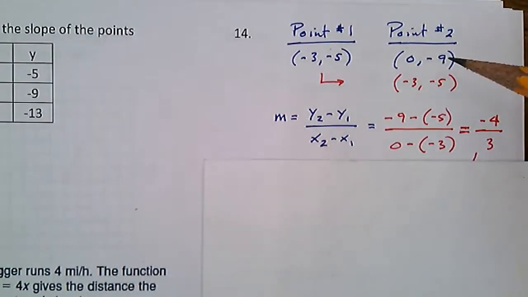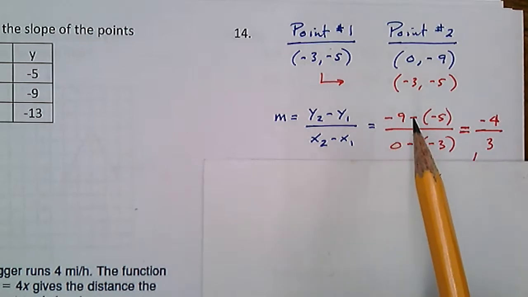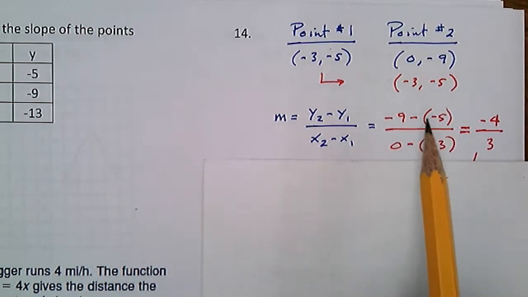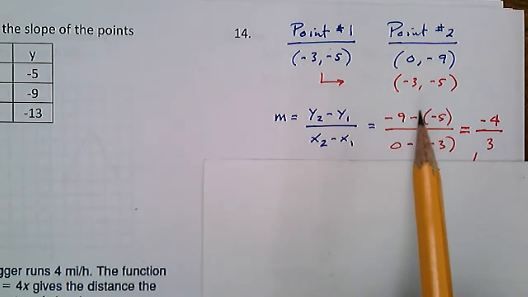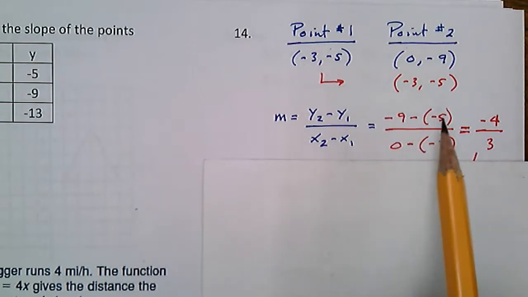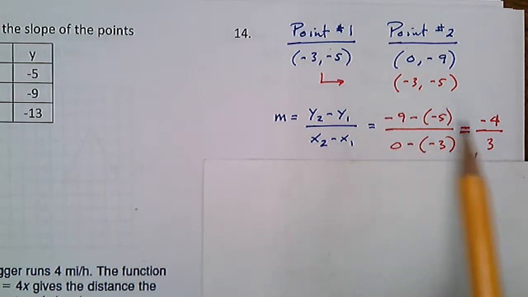So I'm going to go negative 9 minus negative 5. And those change to positive. Remember scoreboard, that changes to positive. So negative 9 plus 5. So the negatives win by 4.